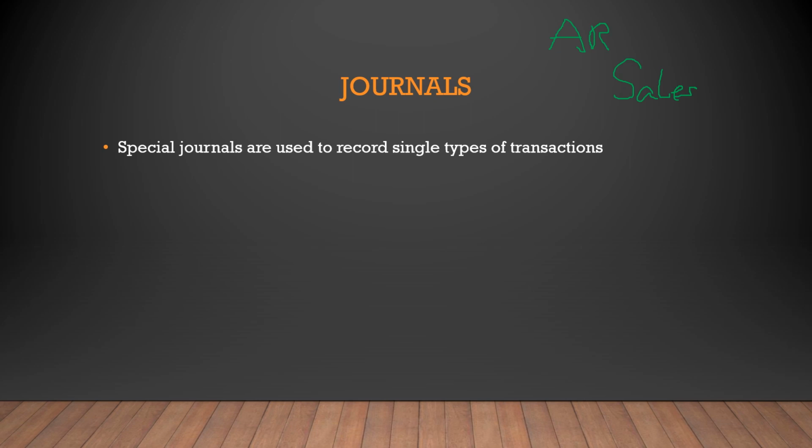It's the same entry each time we record this transaction. So we can record these entries more efficiently using a revenue journal. Every time we need to debit accounts receivable and credit sales, we just put the transaction in the revenue journal.